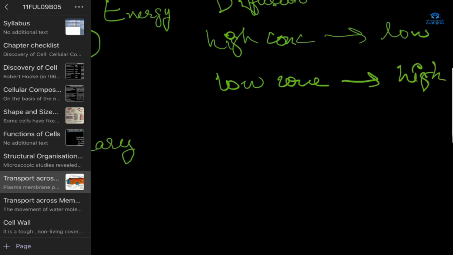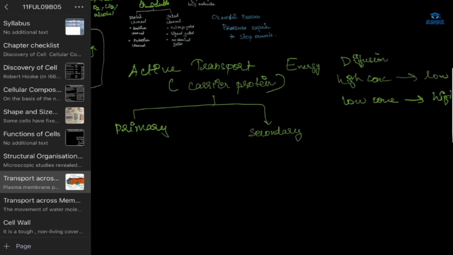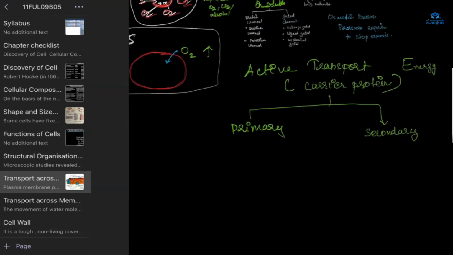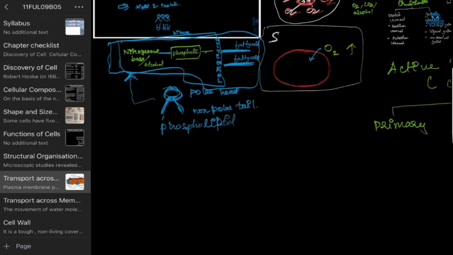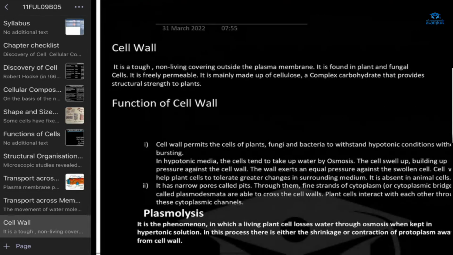So for this we require energy. Energy can be in the form of ATP or some other energy also. Okay, so this is all about the plasma membrane. So our topic for plasma membrane is over. In the next class we'll talk about the cell wall.